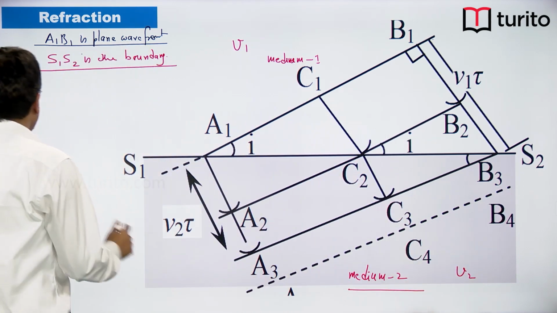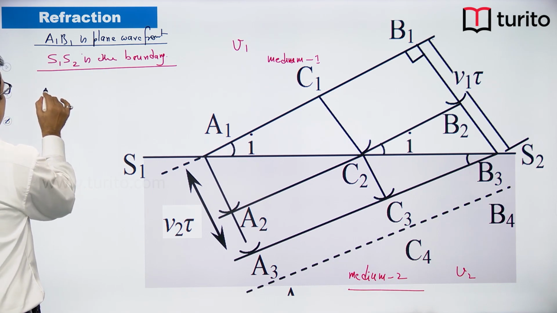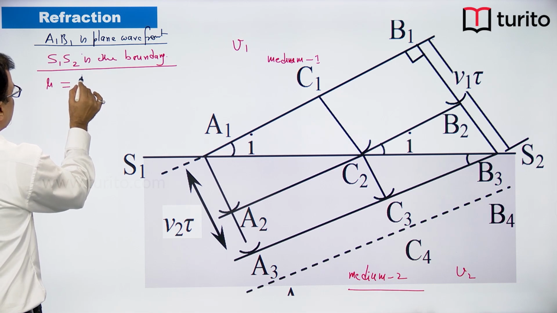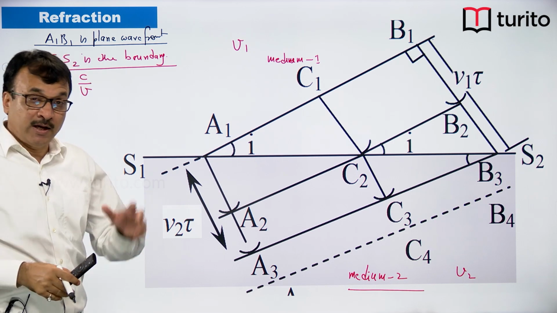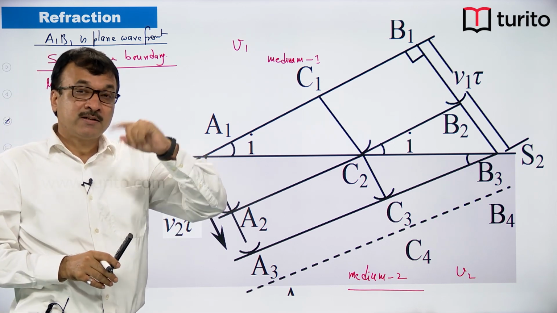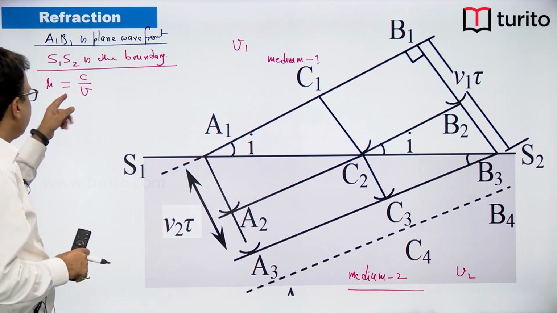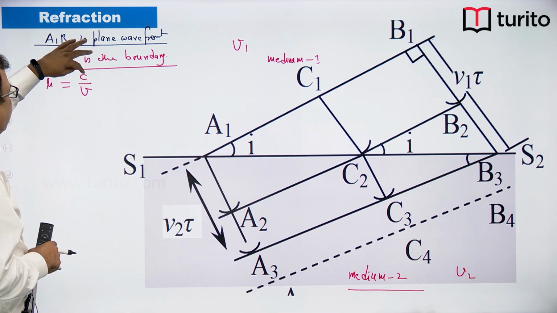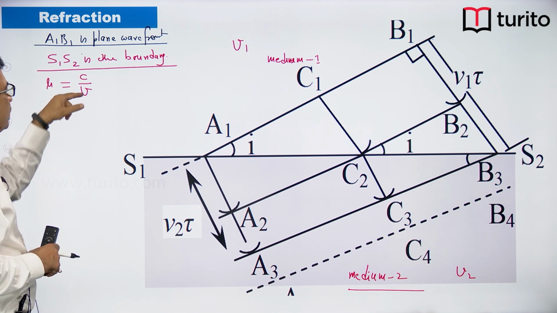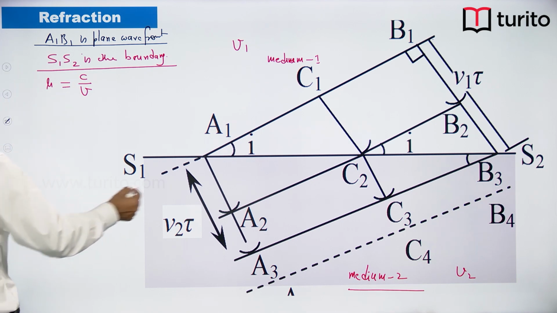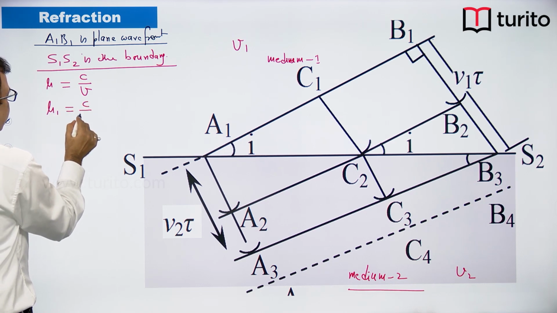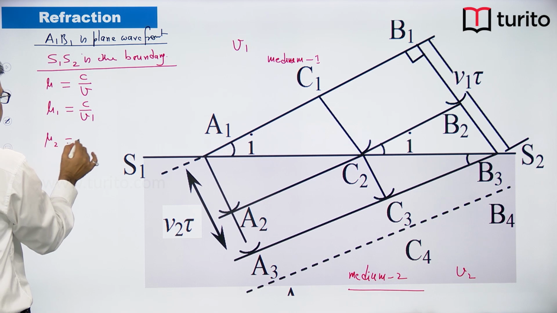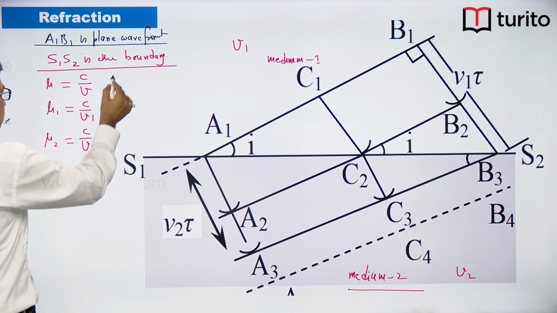And students, I think this is known to everybody that mu equals C upon V. Absolute refractive index means refractive index relative to vacuum. So it is defined as speed of light in vacuum upon speed of light in the medium. So mu equals C upon V. Similarly, refractive index mu1 is C upon V1 and refractive index mu2 will be C upon V2.